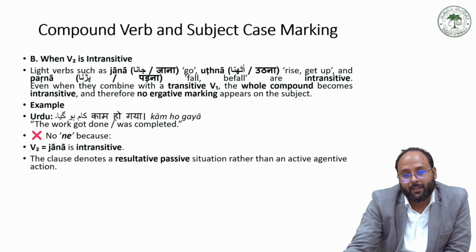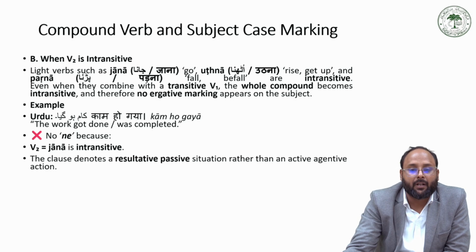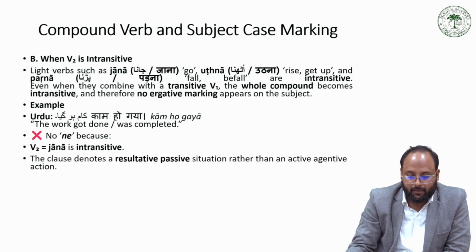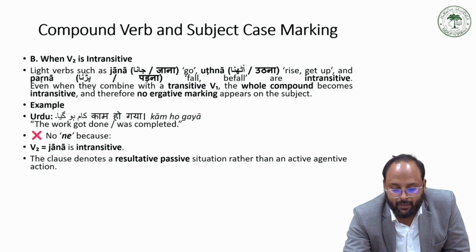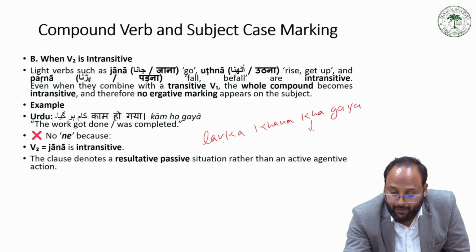Like काम हो गया. यह लड़का काम कर चुका. यह लड़का काम कर गया. यह लड़का खाना खा गया. यह लड़का सब्जी ले आया. Like लड़का खाना खा गया. So here one is a transitive verb and the other is an intransitive verb.